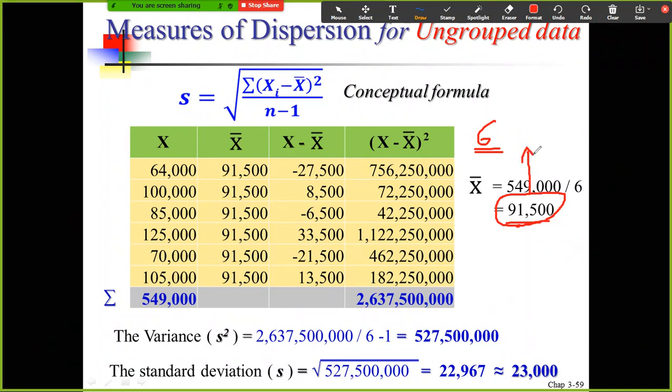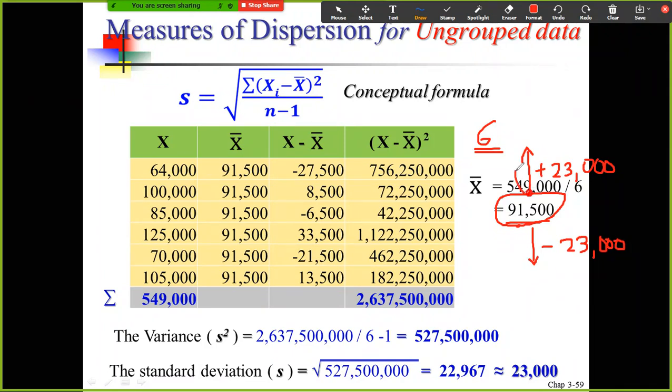The richest student spends more than average by 23,000. The poorest student in our dataset spends below average by 23,000 real.